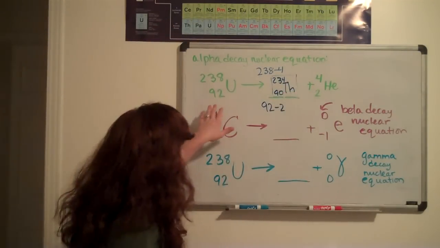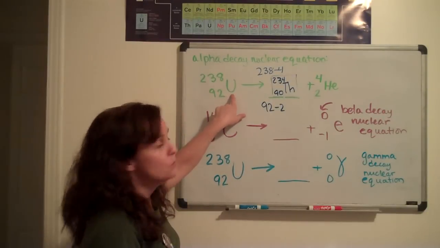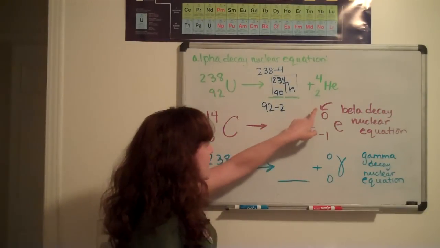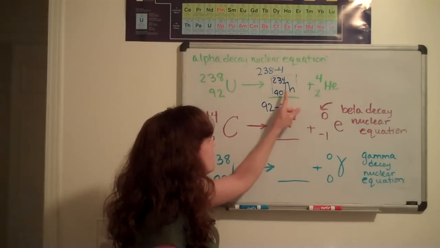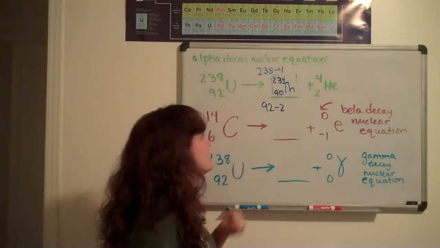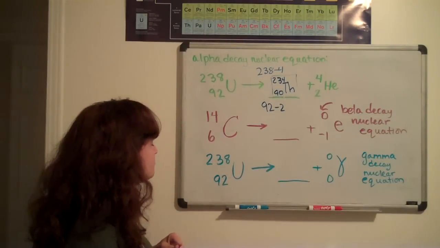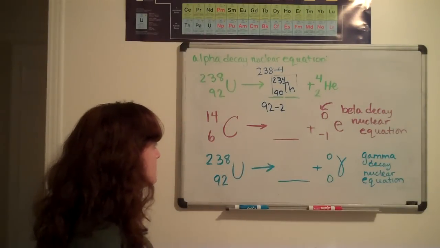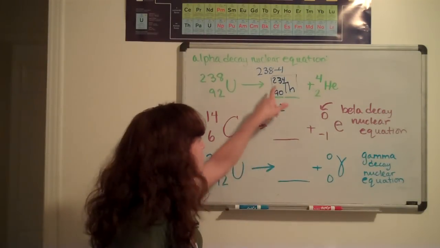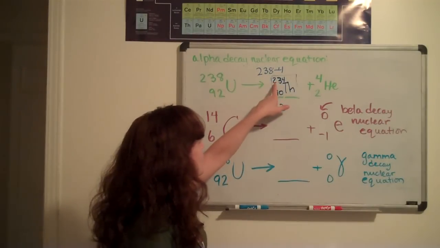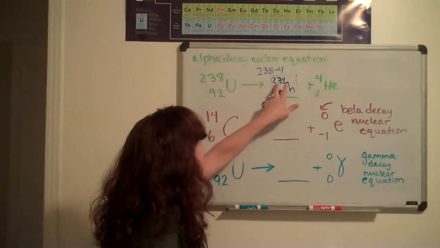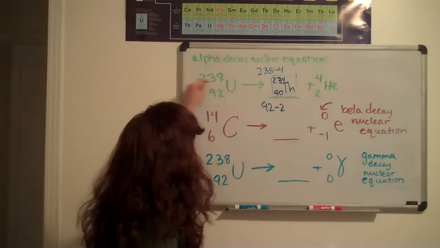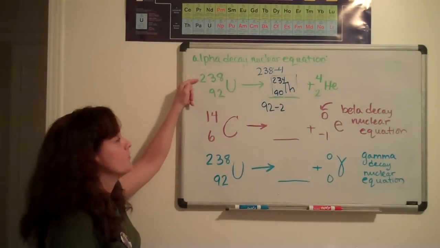So I know when uranium, the U, undergoes nuclear decay, or alpha decay, it will form thorium-234. Okay? So again, just as a review, in order to know what this number is and what this number is, these two numbers have to add up to this number over here.